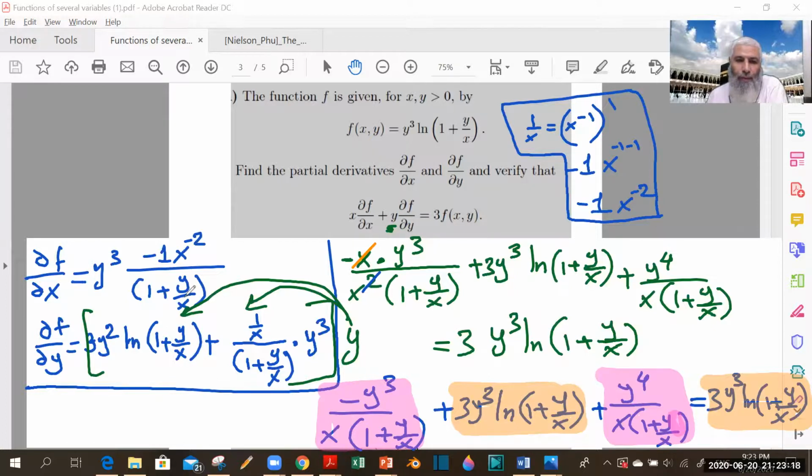The inner part, y over x: the derivative of y over x is the derivative of x to the power -1 times y. The derivative of x to the power y is constant, right? And the derivative of x to the power negative 1 is negative 1 times x to the power negative 2, right? Yes. I forgot y here. I didn't write y. So this y multiplied by y to the power 3 is y to the power 4. So you have here y to the power 4.